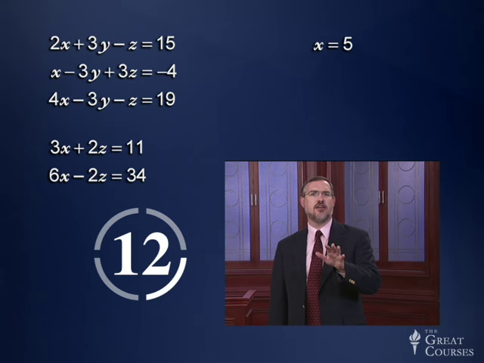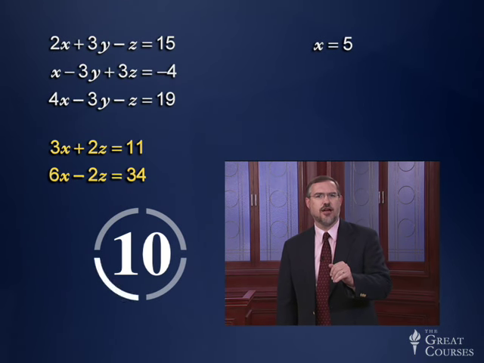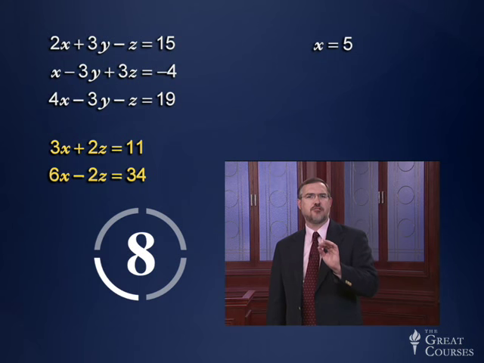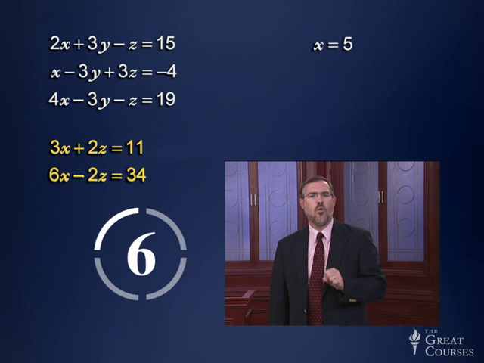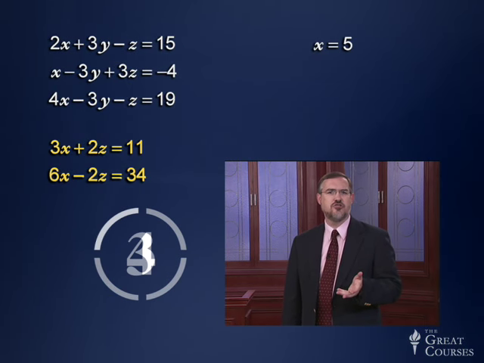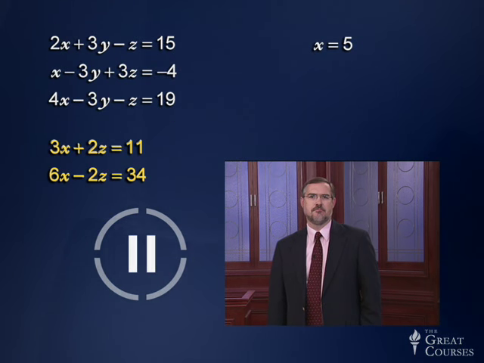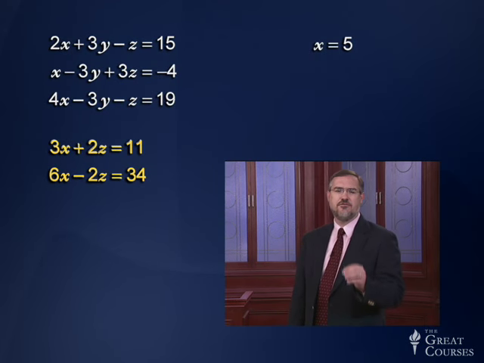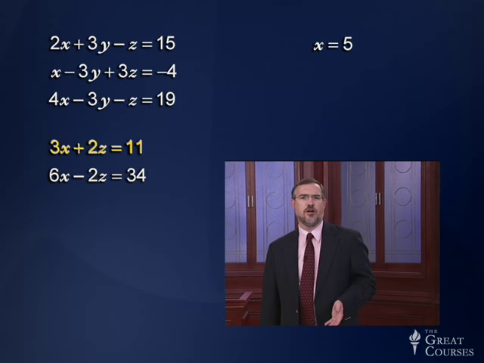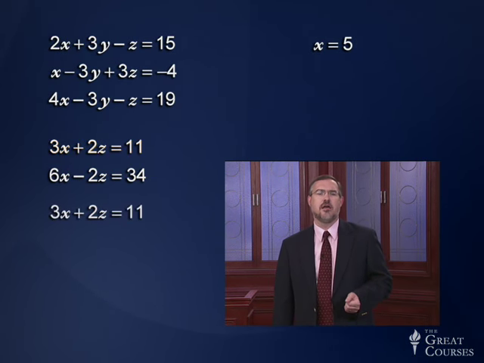So I want you to try that now. Plug 5 in for x into either 3x plus 2z equals 11 or 6x minus 2z equals 34 and find z. Okay, I'm going to try plugging the 5 in for x into the first equation to see what I get for z.